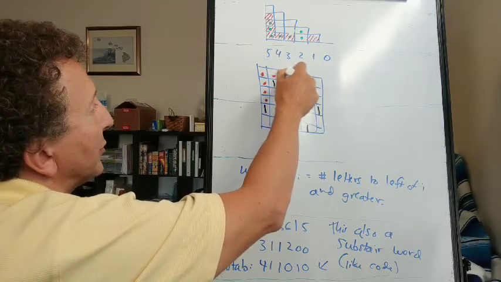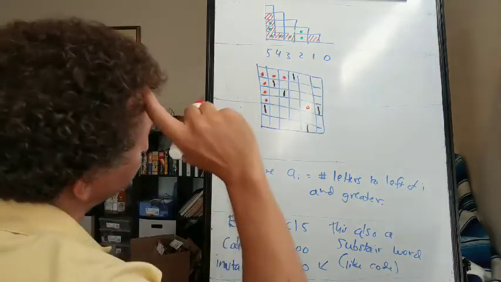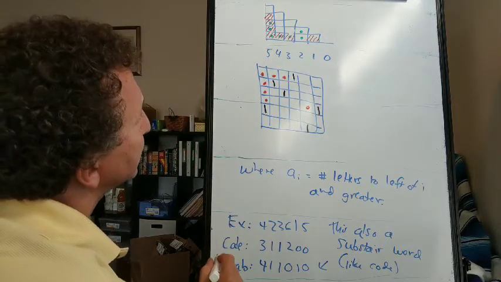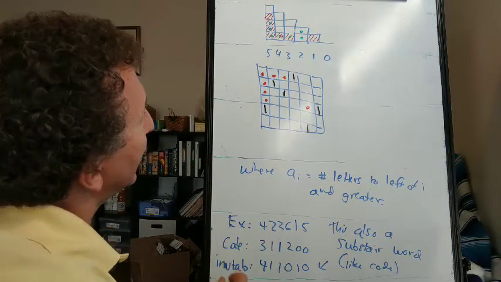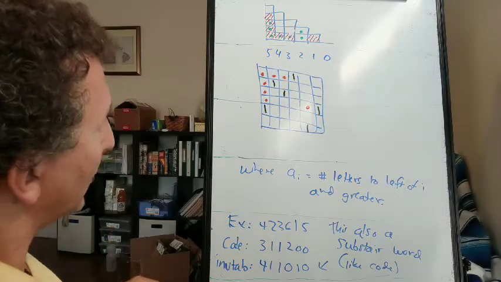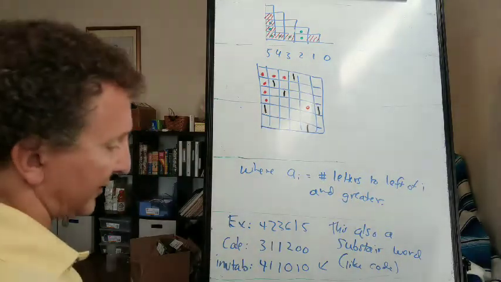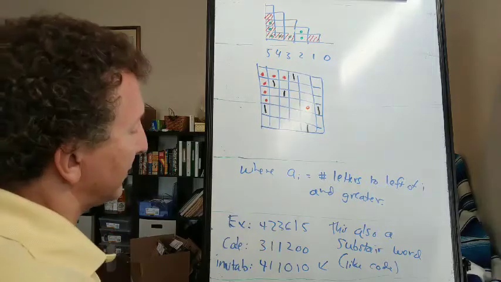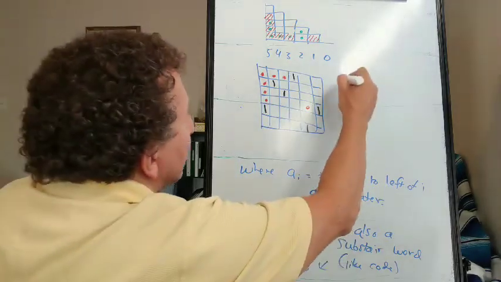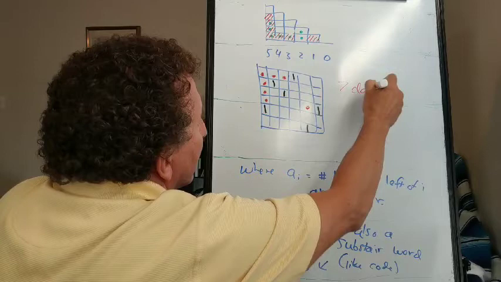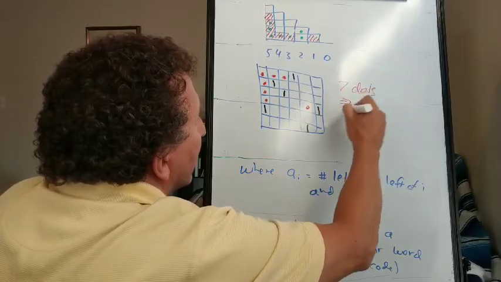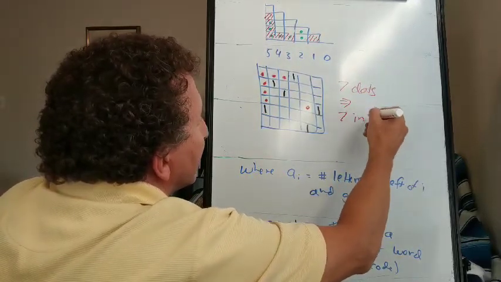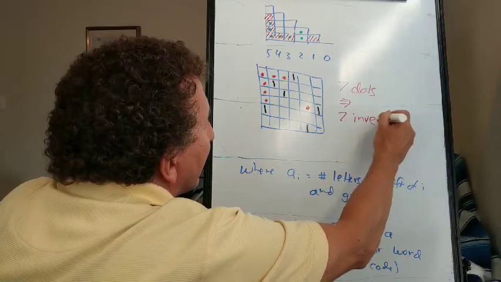This position has a 1 to its right and a 1 below it. I guess that's it. So then we count the dots and we get the number of inversions. So we have 3, 6, 7 dots. That should give us 7 inversions.